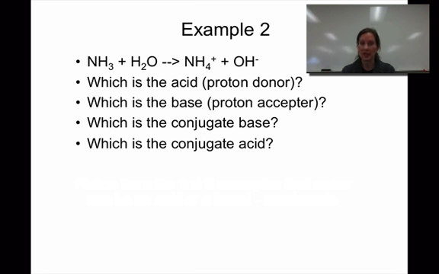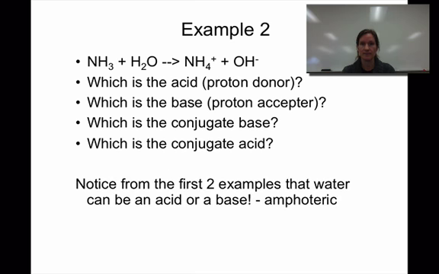So donating a hydrogen makes it acidic, so water in this case is the acid, and NH3 taking on a hydrogen is the base. Every single acid has a conjugate base, so H2O's conjugate base is OH-, and NH3's conjugate acid is NH4+. So every base has a conjugate acid, every acid has a conjugate base.